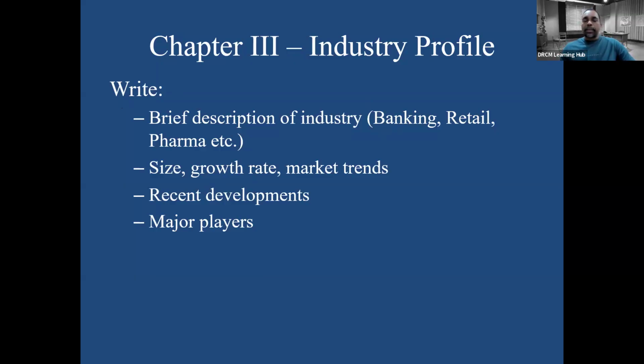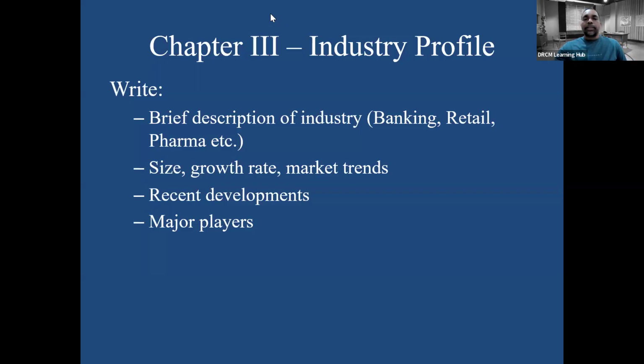Recent developments in banking are this. Major players in the banking industry right now are these. Like this, whatever you are keeping in the document, you can keep as bullet points and explain. That is the final way of completing your industry profile.